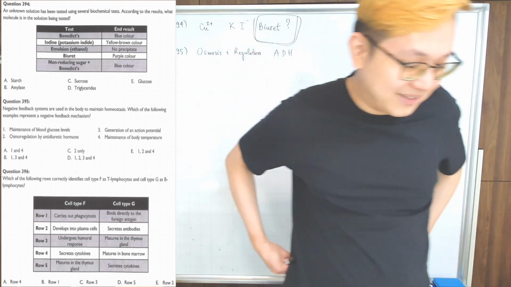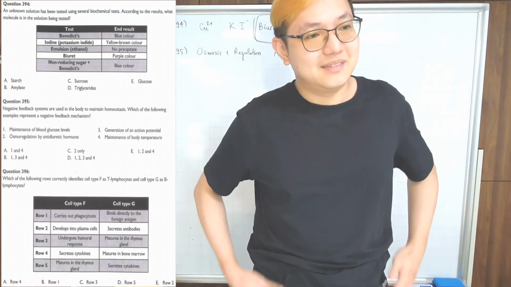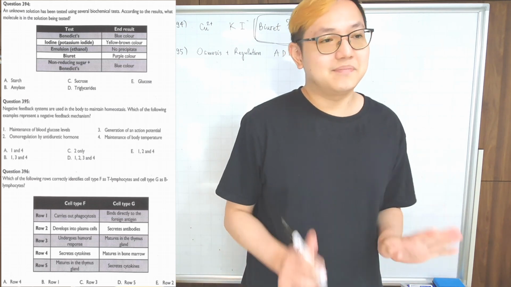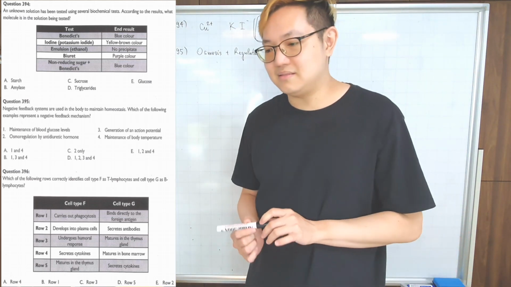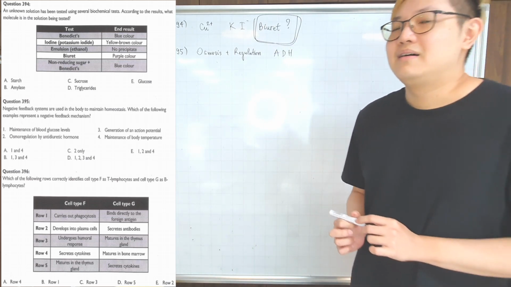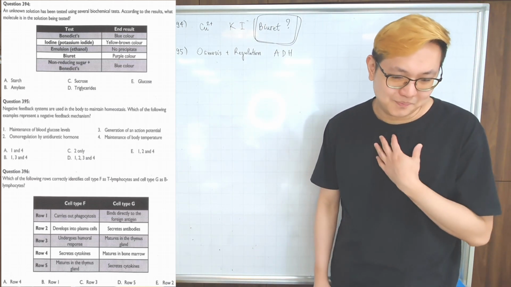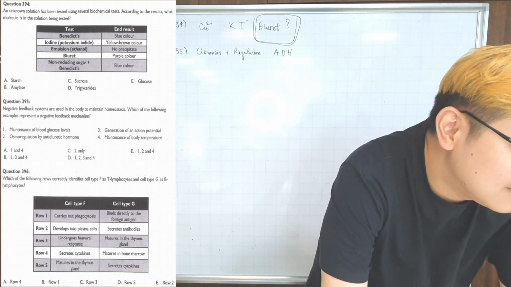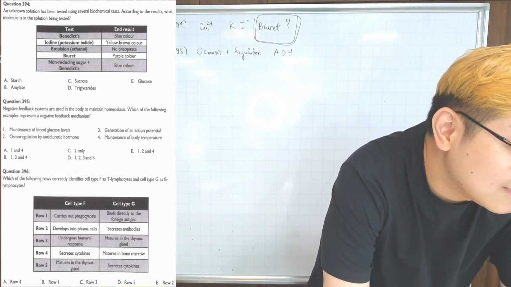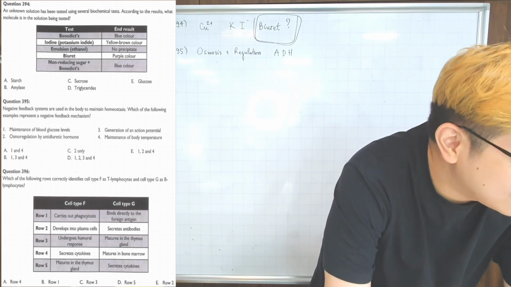Okay, check if I'm right, because sometimes I don't even remember right. Tuyến nào sản sinh ADH? Tuyến gì? Tuyến yên hả?